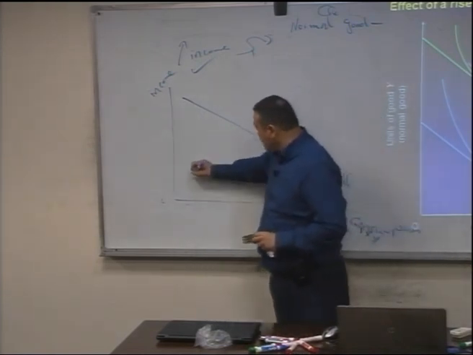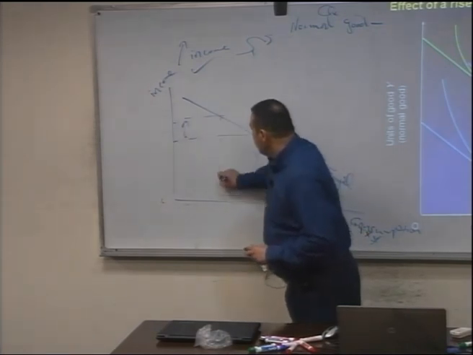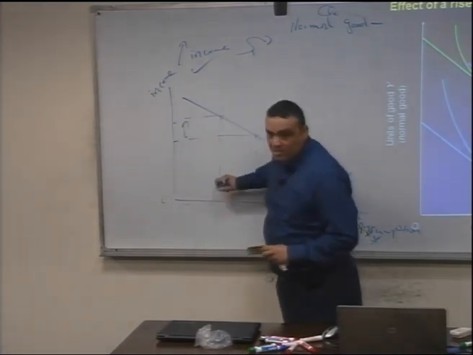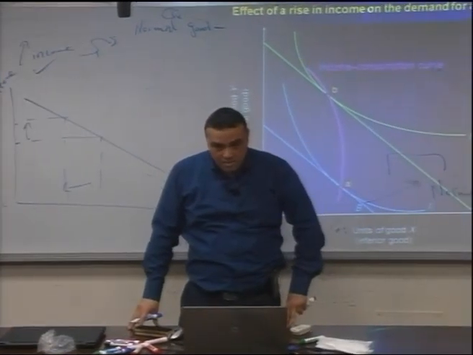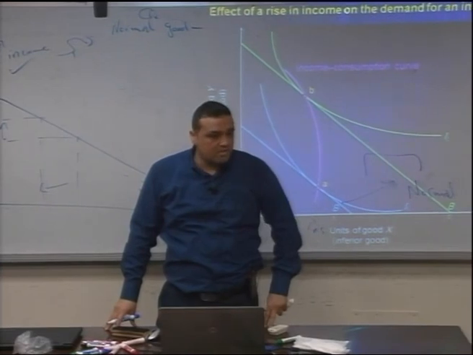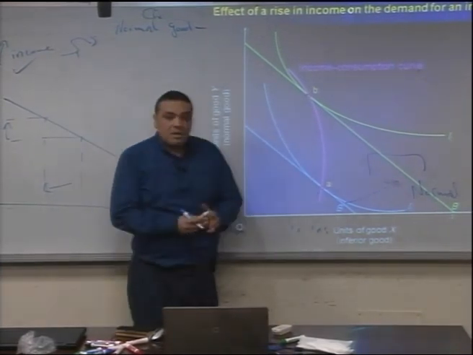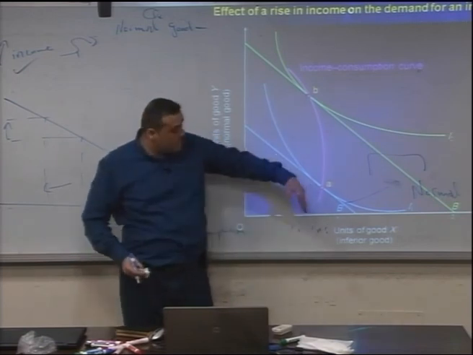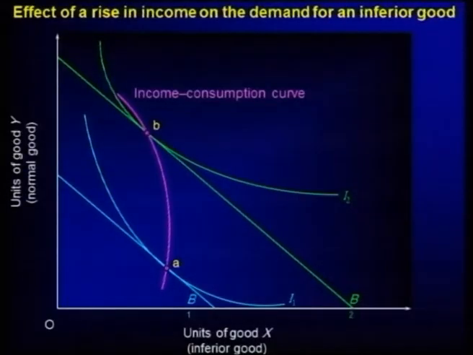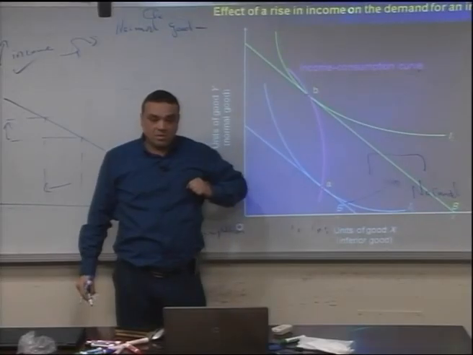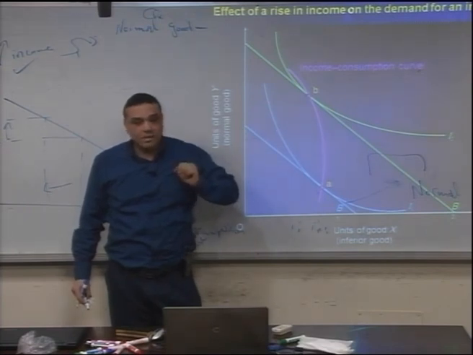As the consumer's income goes up, the consumption goes down, or the quantity demanded of X goes down. Okay? Who has a problem so far? But here, as you see, we determined the effect of income on the budget line and the total utility. Okay?